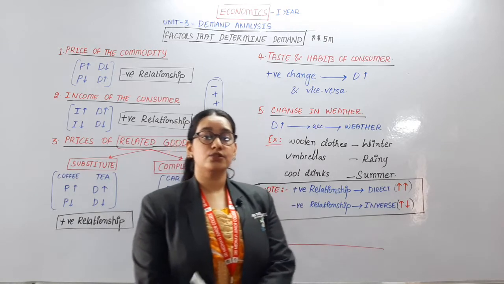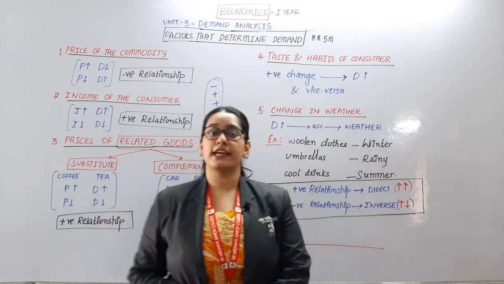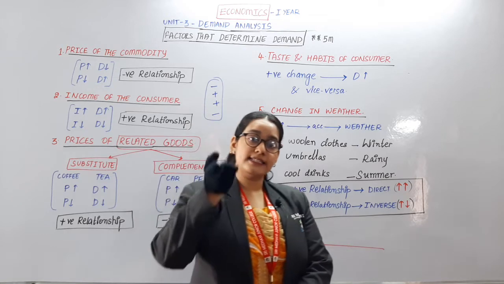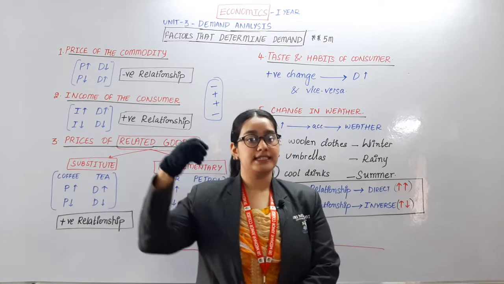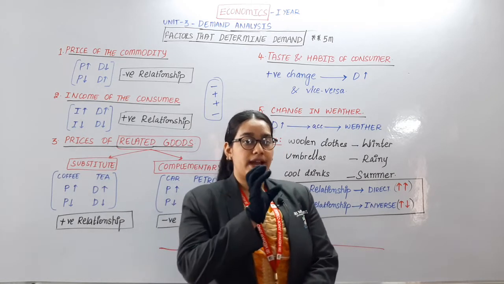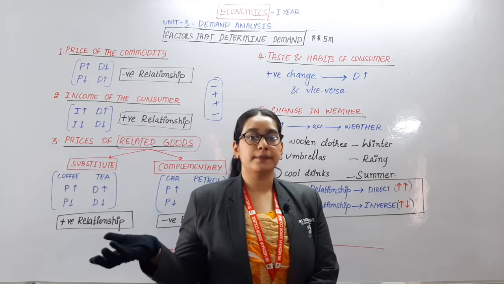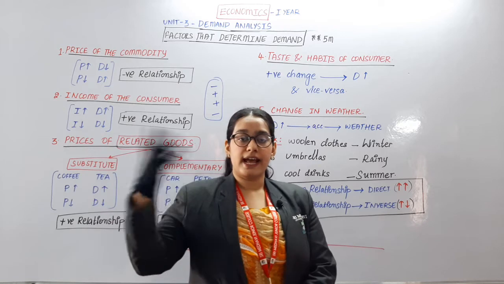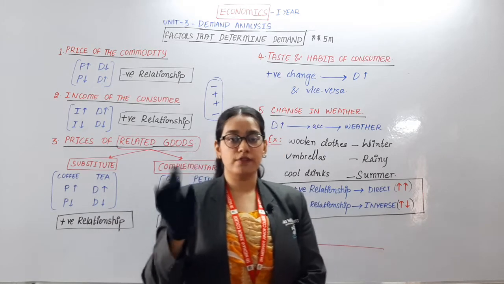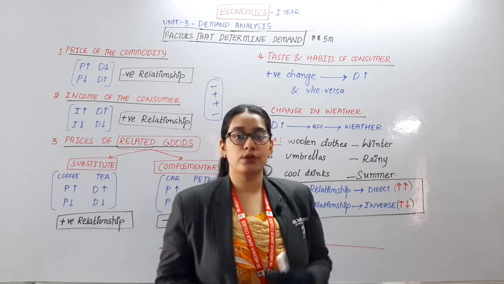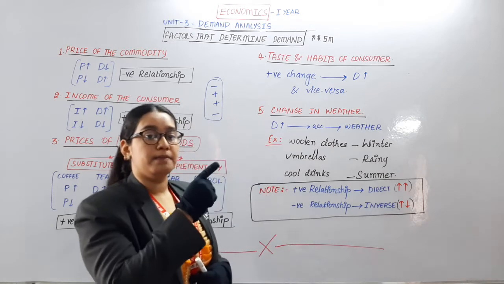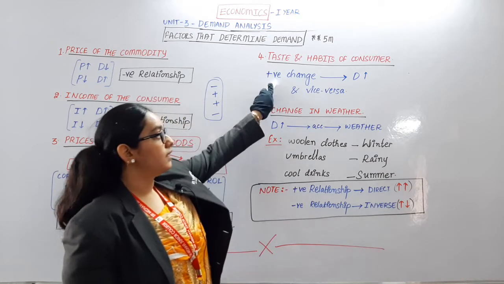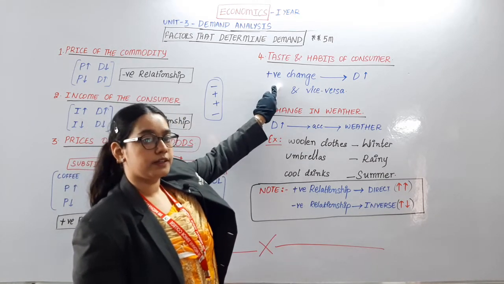The persons who are addicted to smoking will buy cigarettes even when the price is high. So the demand here depends upon what? Upon the taste of the consumer. Whereas the person who doesn't smoke, will he buy cigarettes? He won't buy them. So here the demand depends upon taste and habits.